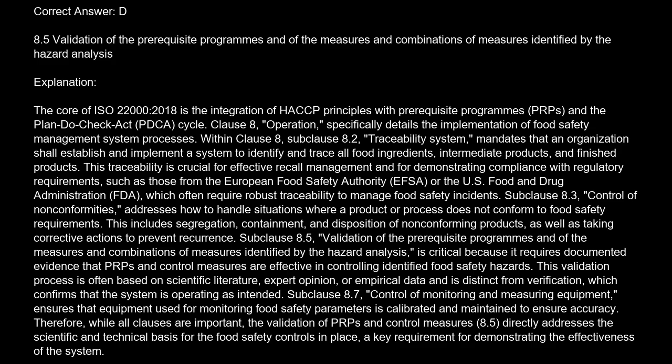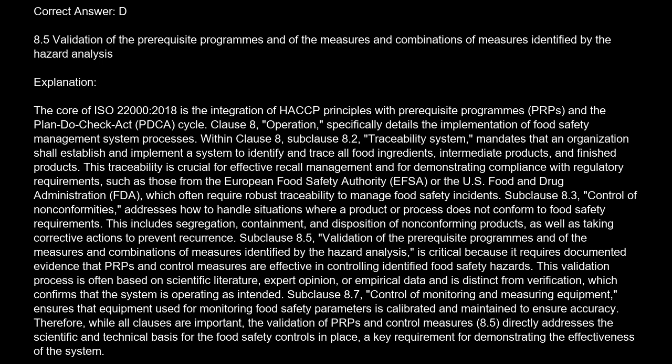Subclause 8.3 Control of nonconformities addresses how to handle situations where a product or process does not conform to food safety requirements. This includes segregation, containment, and disposition of nonconforming products, as well as taking corrective actions to prevent recurrence.